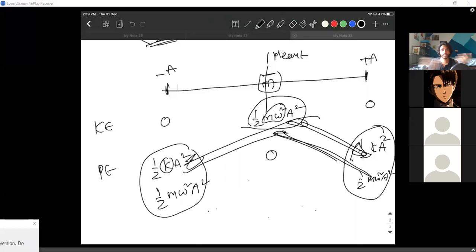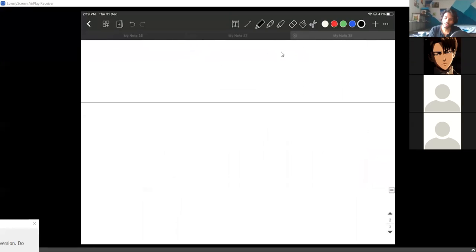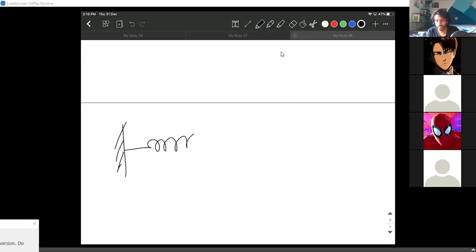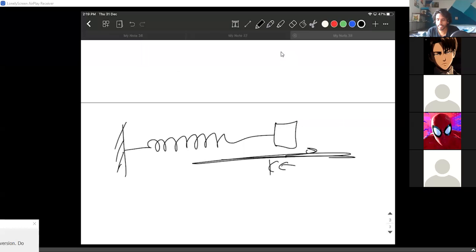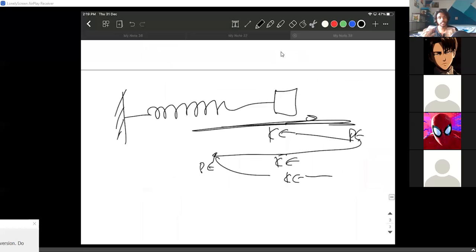When a block is oscillating, when it comes back, it is kinetic energy, and when it goes here, it is potential energy. So it's just an energy transfer between the block and the spring. The spring and the block are constantly exchanging their energies in between.